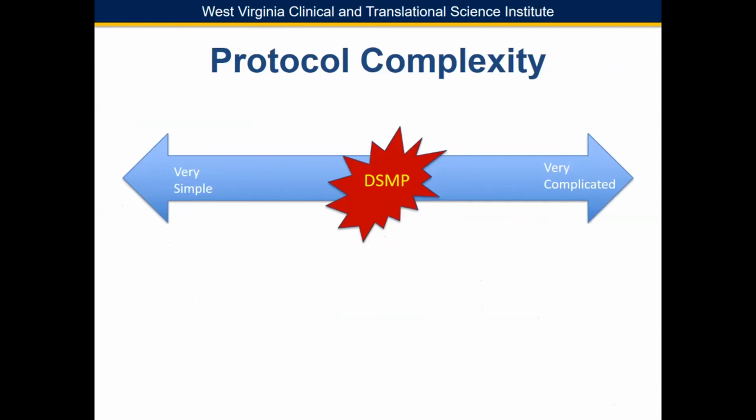So first of all, think about your protocol complexity. I have a DSMP there in the very middle. On one side I'm doing a very simple protocol, and on the other side, to the right, I'm doing a very complicated one. If it's very simple, if you're doing a survey, focus groups, maybe a minimal risk observational study, a data specimen repository, you may not need a DSMP because it's on that very simple part.